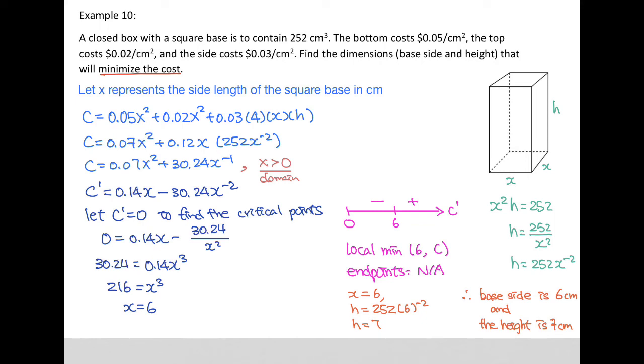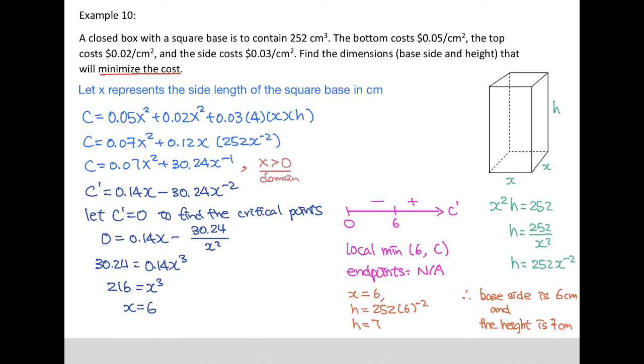Since we are minimizing the cost, our equation is in terms of the cost of constructing the box. So the cost will be the area times the price. The first one is the top, which is a square, x squared times the price, 5 cents, which is 0.05 times x squared. The bottom is also a square, x squared times the price, 0.02.